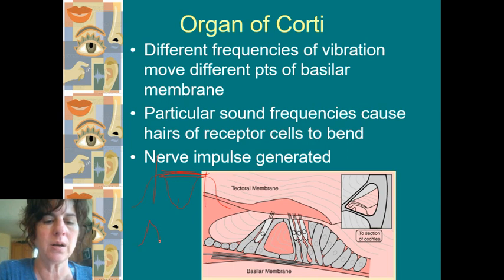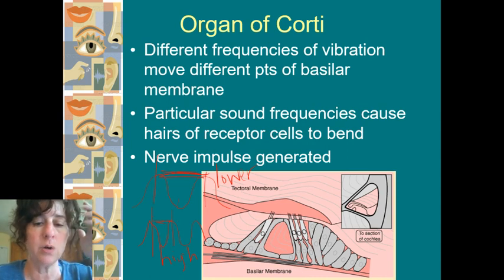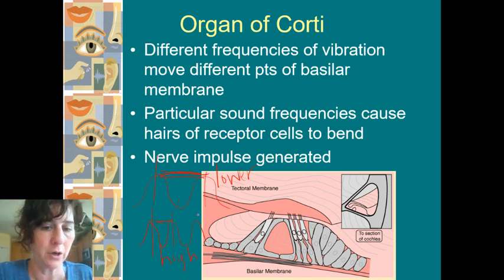So the closer they are together, right here to here, the less distance between peak to peak, that's going to be a higher pitch. This is going to be a lower pitch. So these waves will travel different distances along that cochlea based on their peaks and valleys, is essentially what it comes down to.